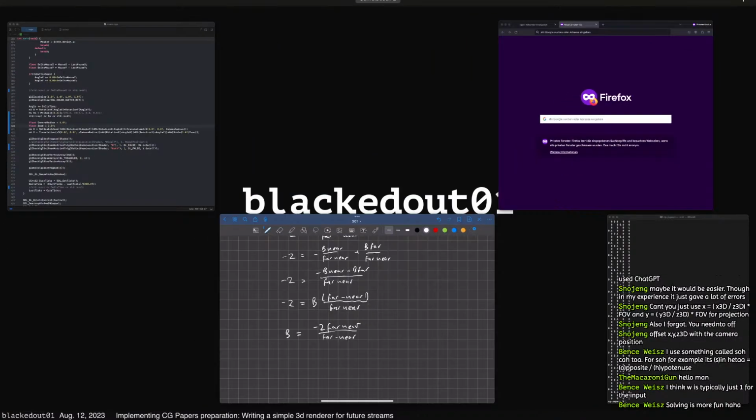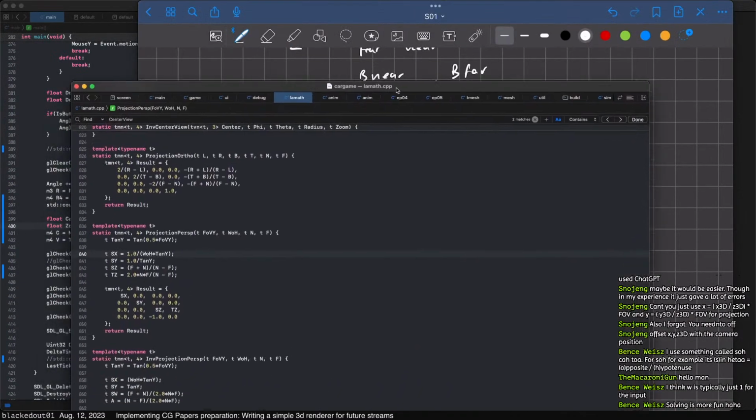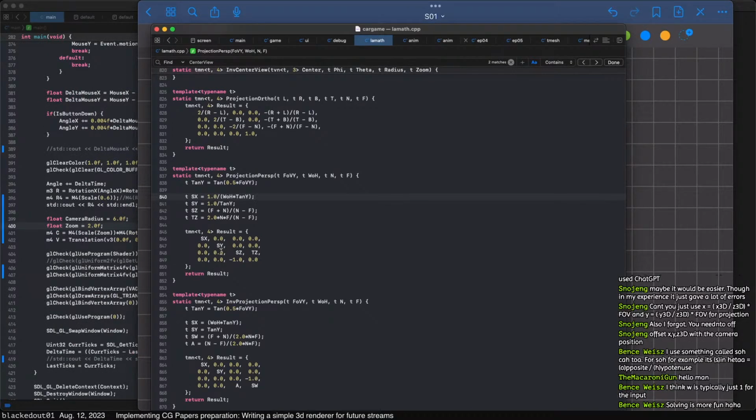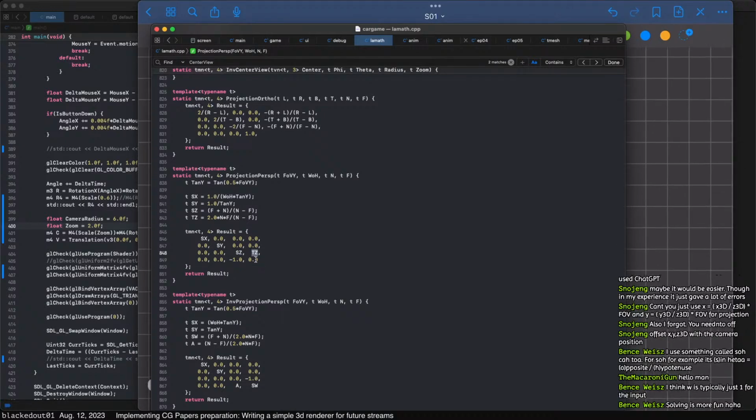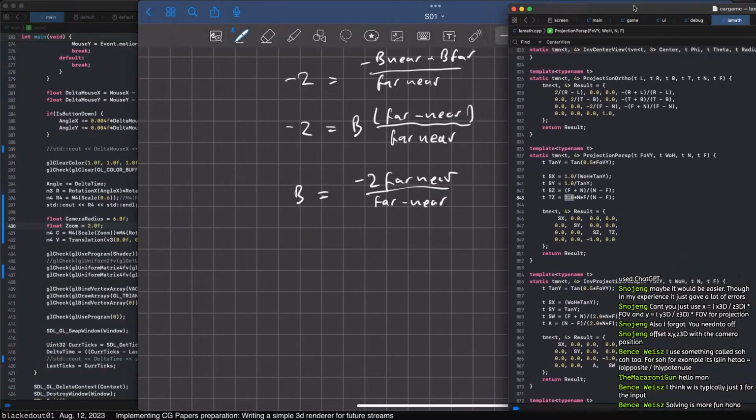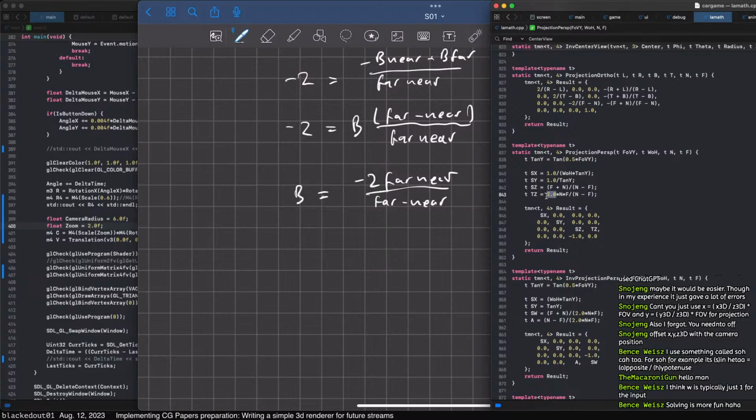And maybe I can even look at if it's correct. So this is the b, the tz here, and I defined this here to be, okay. So 2 times near times far, this seems to be right.